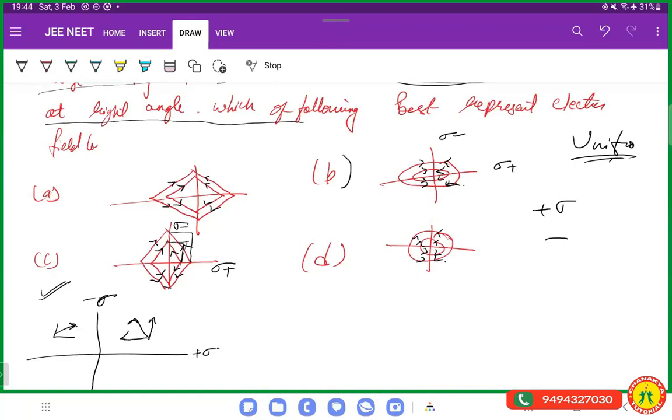So we can say option C should be correct.